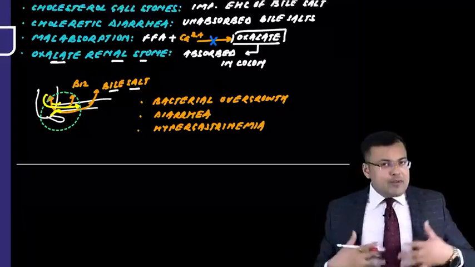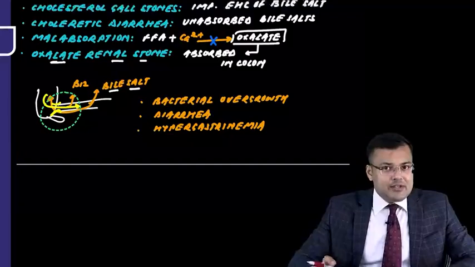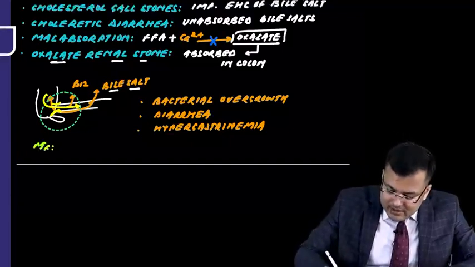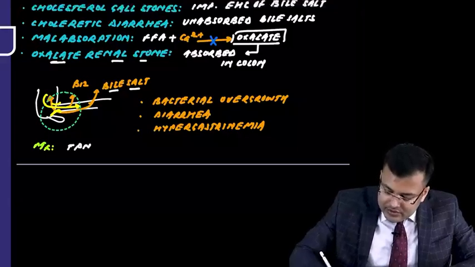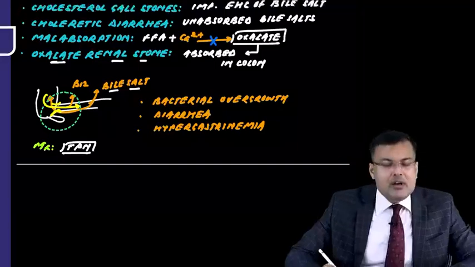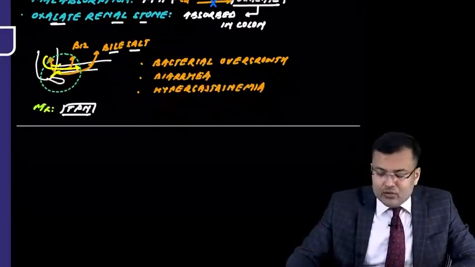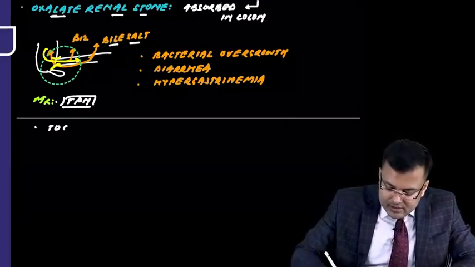Whenever we perform a massive resection of small bowel, how do we manage the patient in the post-operative period? We give total parenteral nutrition. But you cannot give total parenteral nutrition lifelong because it has its own complications. That's why, what is the treatment of choice in short bowel syndrome?